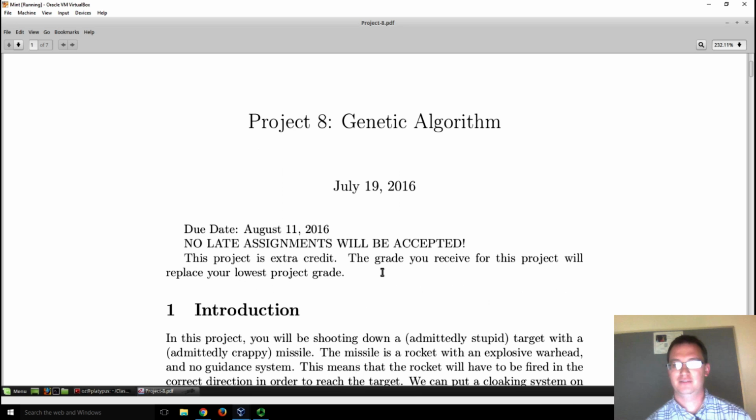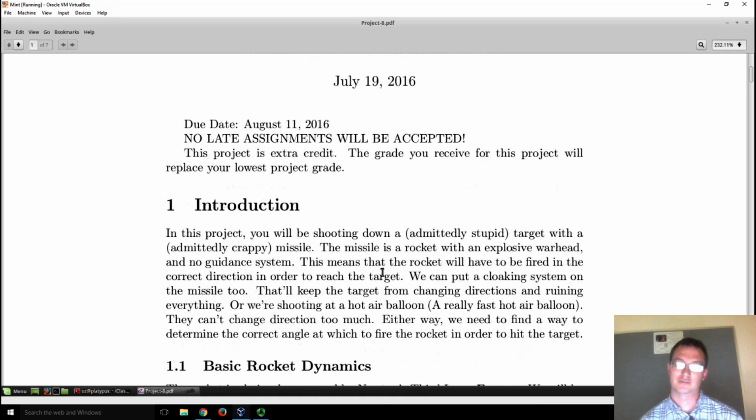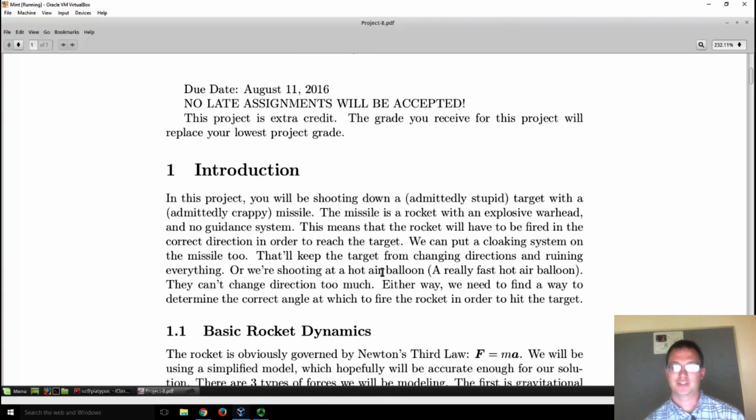But this is not a parallel assignment, but it is a difficult assignment. So make sure you get started on it soon. So the basic idea, you're going to be shooting down a target with a missile. Both of them rather stupid.